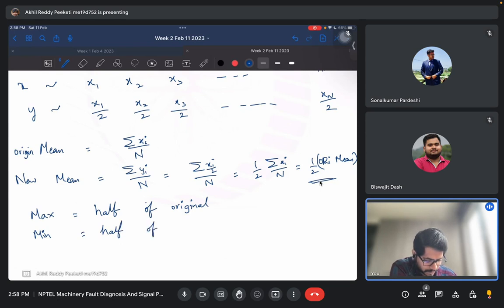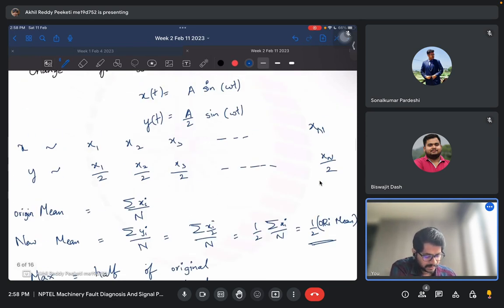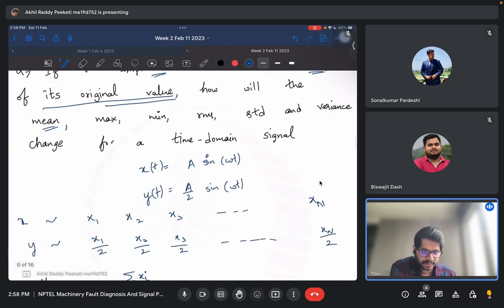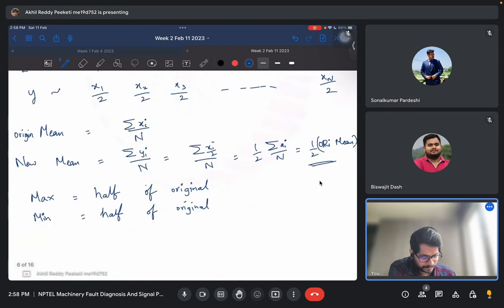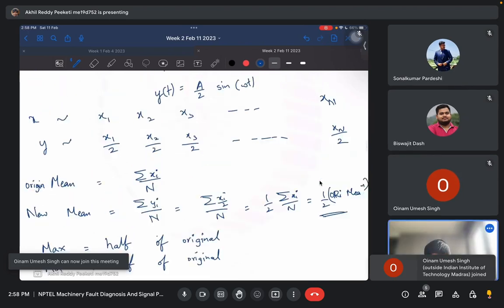Again, it would also become half of the original. These are the cases if it is a pure wave, but if there is some constant, then this would not be exactly the same. So mean, max, min.